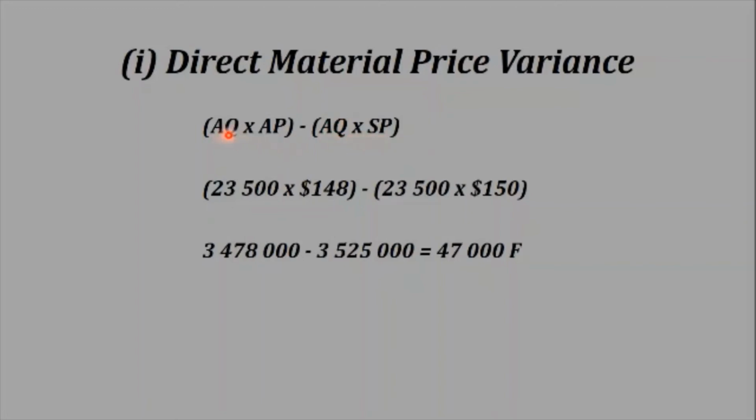Okay, if you notice AQ and AQ is common to both of them, so you can take that out and you'll wind up with AP minus SP. Okay, and you can work it out and you will get 47,000 favorable for the direct material price variance.